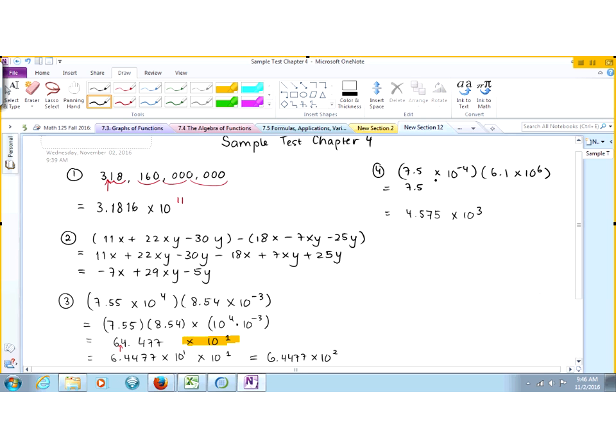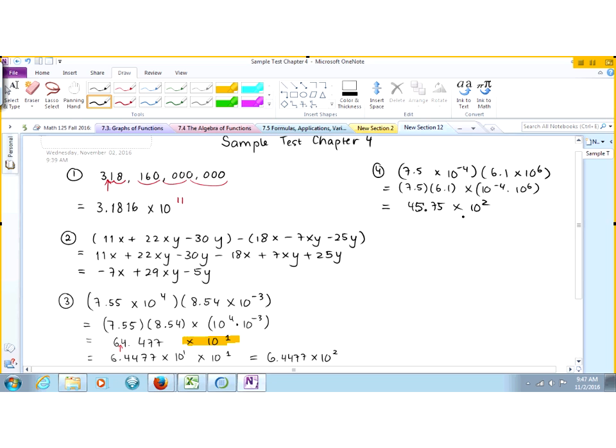So what we do first is multiply 7.5 times 6.1 times 10 to the negative 4 times 10 to the 6. What is 7.5 times 6.1? 45.75. Good, times 10 to the.